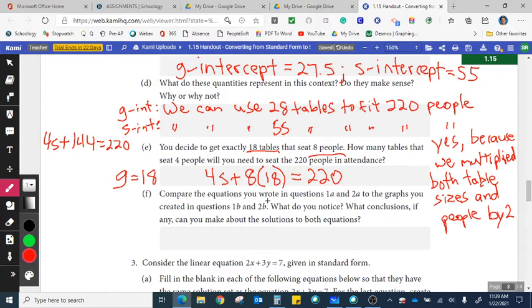Rewrite it. Say G equals 18. So now I subtract 144.